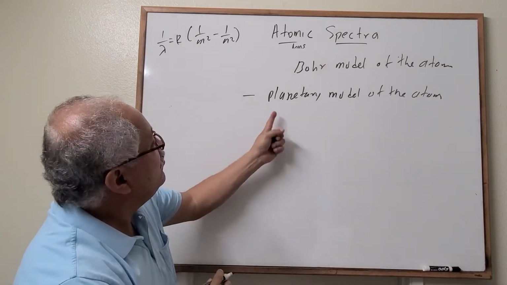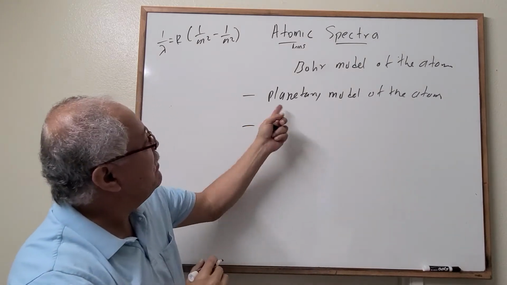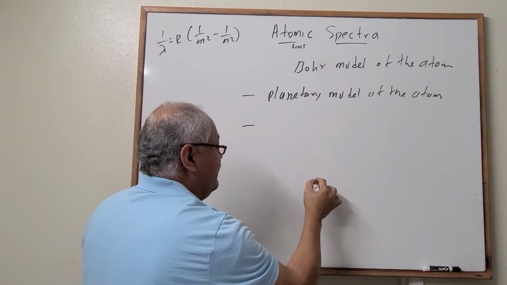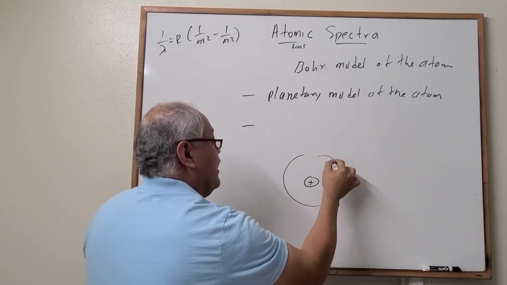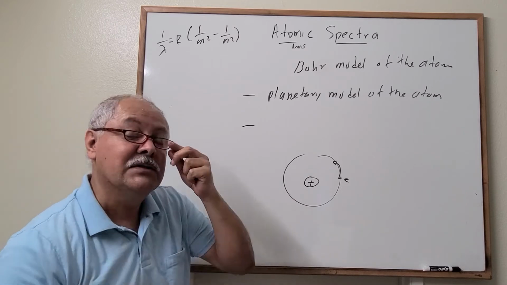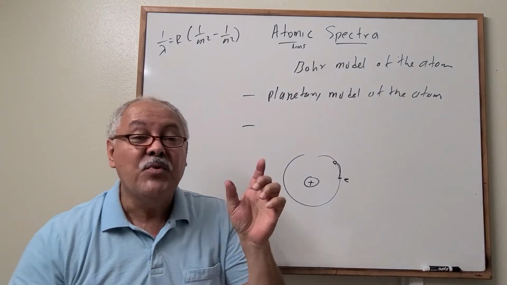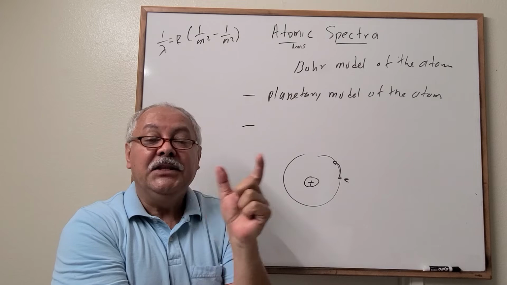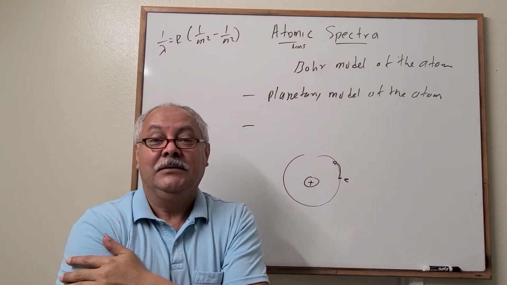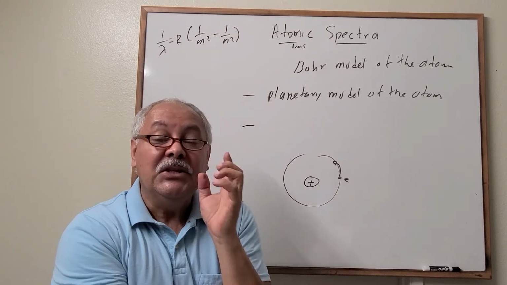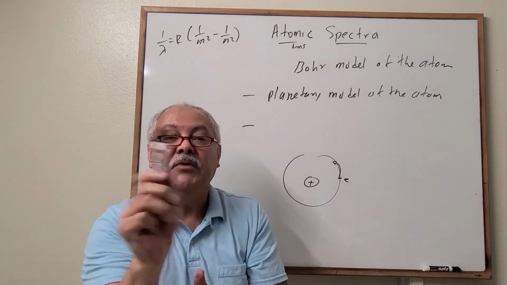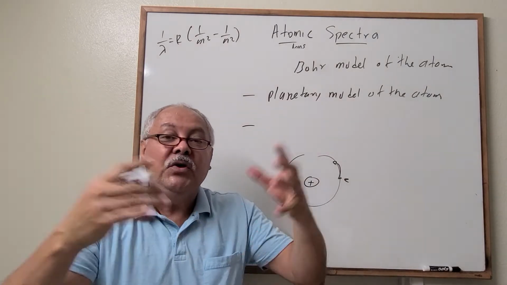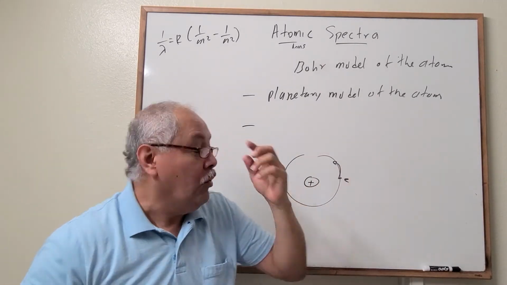When we use this model, we have this positive charge and an electron moving around this nucleus. We know that every time a charge accelerates, the charge radiates energy.